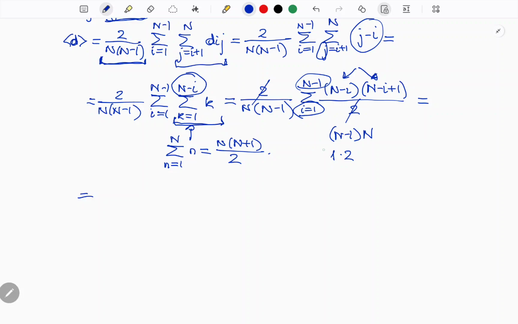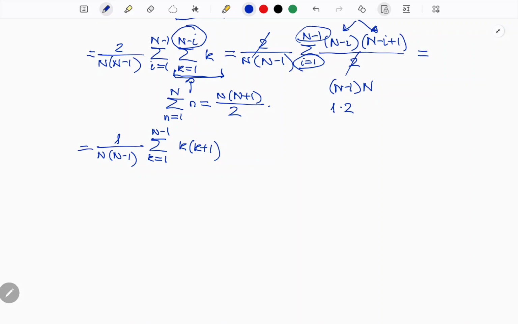So really, I'm going to rewrite this summatory as well, like this. And then this summatory, I'm doing it again in terms of k, from 1 to n minus 1 of k times k plus 1. Okay, so this is the expression that I obtained.